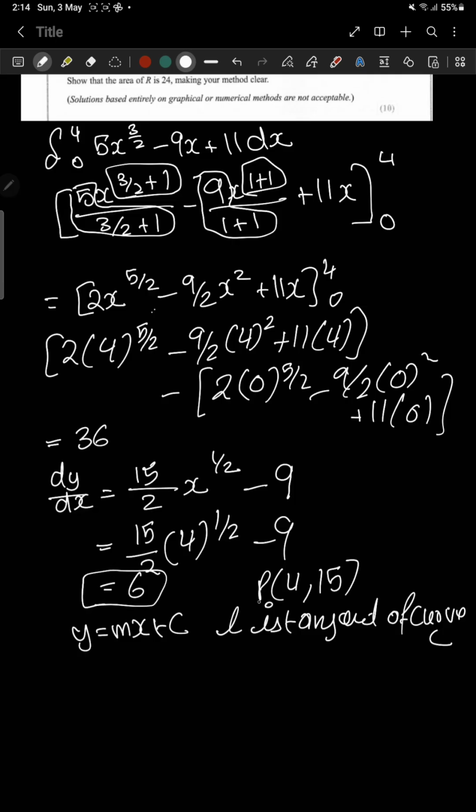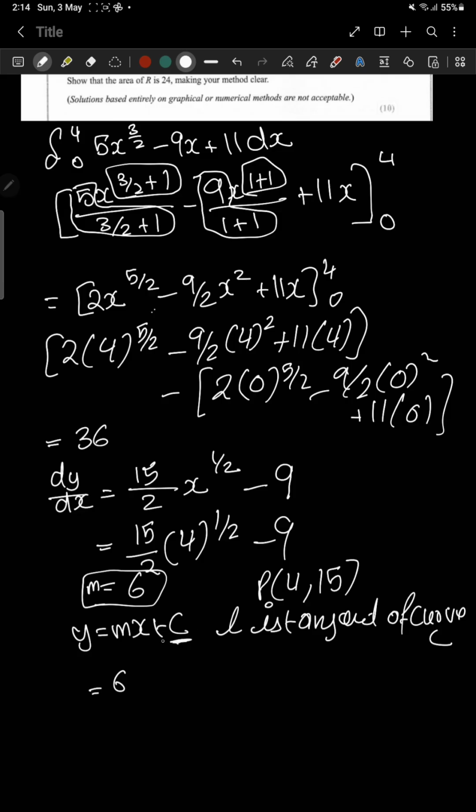So we can find the full equation of the line. Let's substitute the gradient: y = 6x + c.